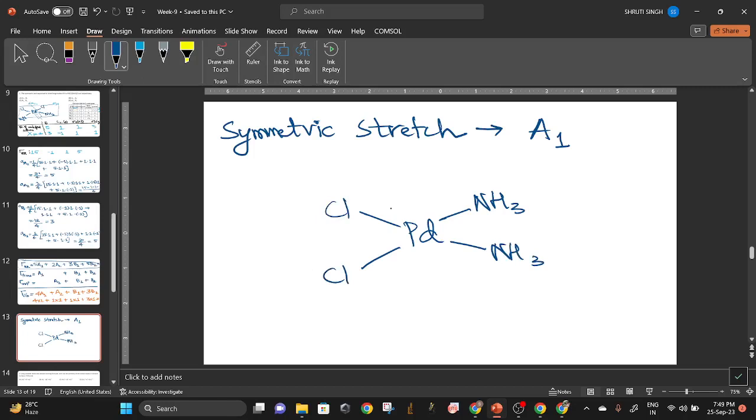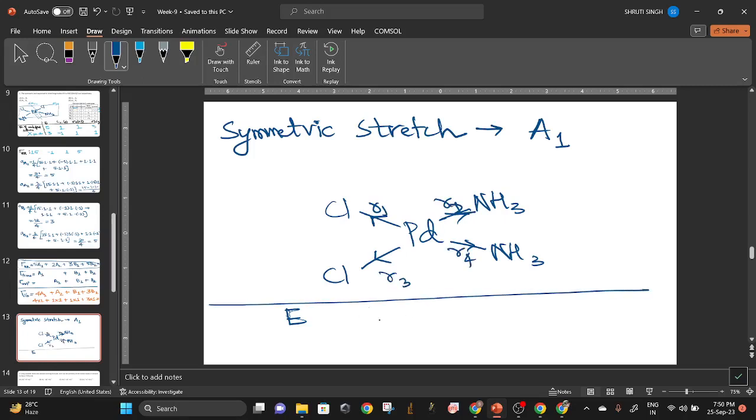For symmetric stretch, this will stretch equally. All the bonds will stretch equally. So under E, suppose this is R1, this will be R2, R3 and R4.